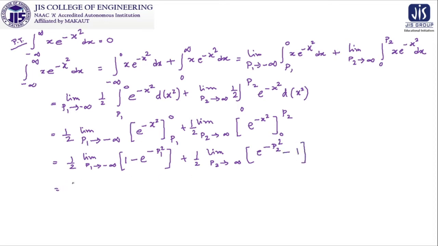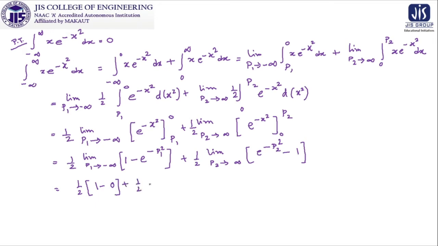Now this half is as it was, 1 minus, think about it, if p1 tends to minus infinity, p1 square will be tending to infinity, e to the power minus infinity means 1 by e to the power infinity, which means it is 0. So you can write it 0 here.